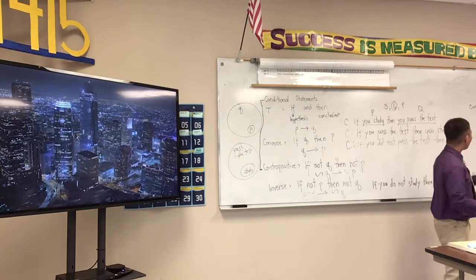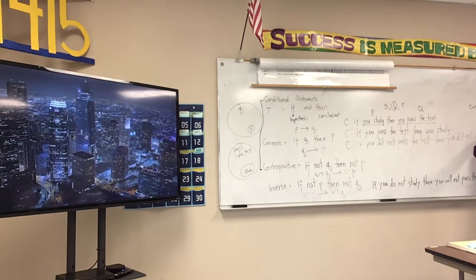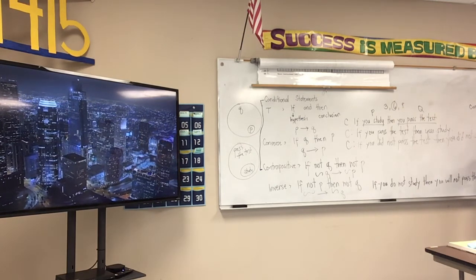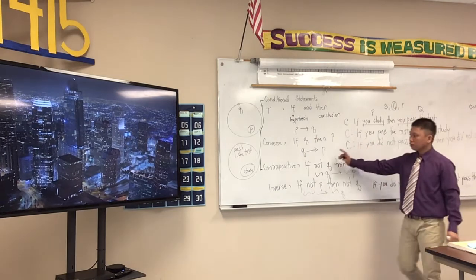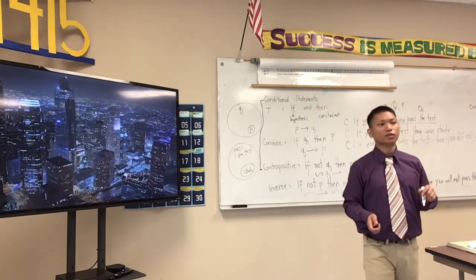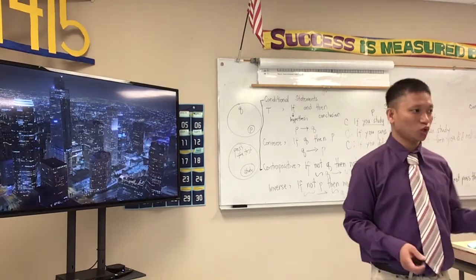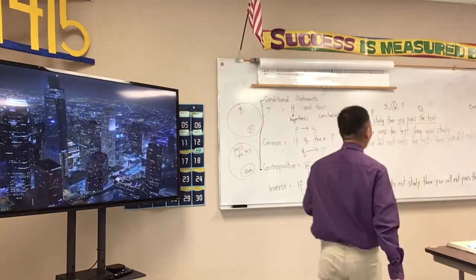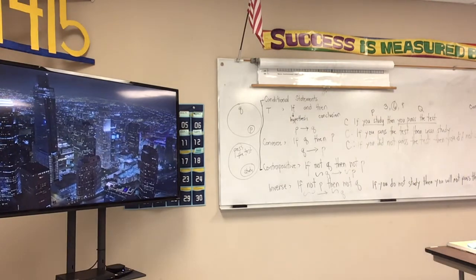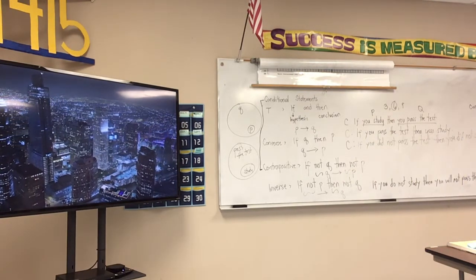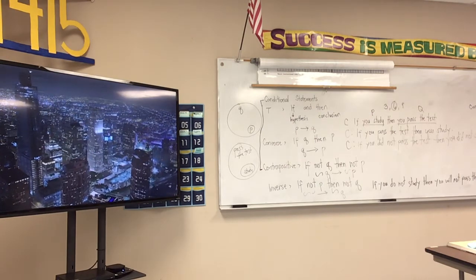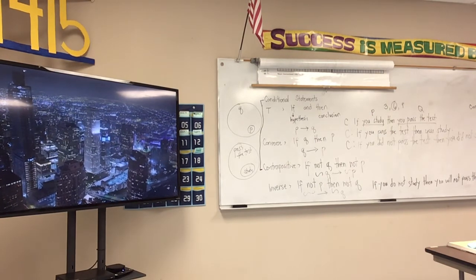So what would be our converse here? In identifying our converse, contrapositive, and inverse, we should first identify our hypothesis and conclusion. Again, what is the converse? We have Q implies P, right?